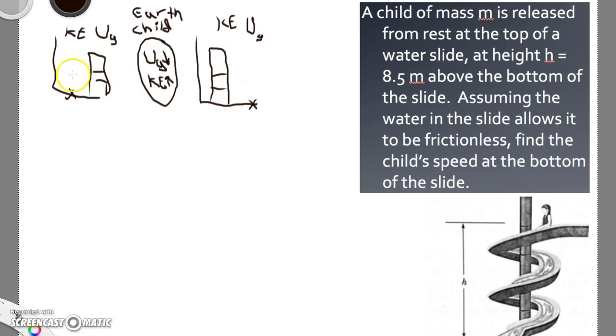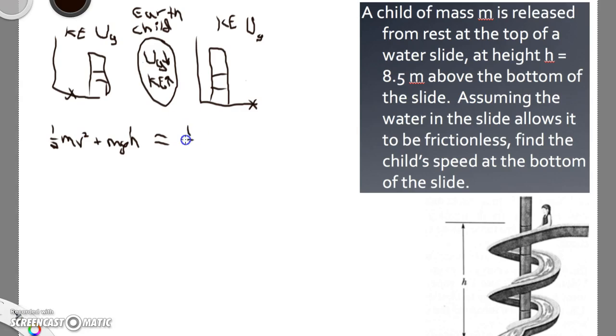Once we have analyzed the situation here, we can now go ahead and write an equation. We'll put the equal sign under the circle. Kinetic energy is 1/2 mv squared, potential energy is mgh.